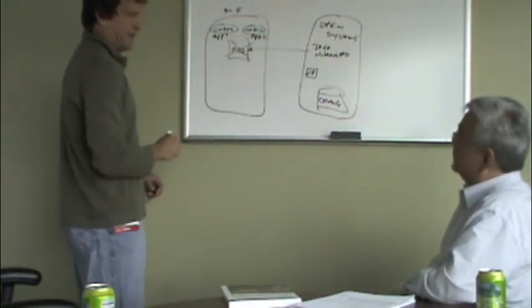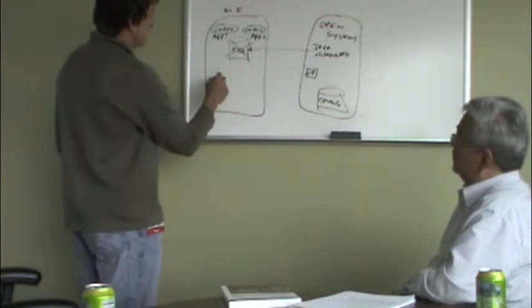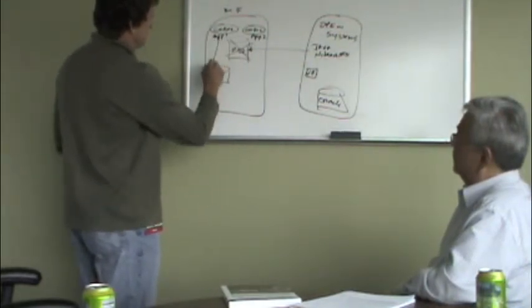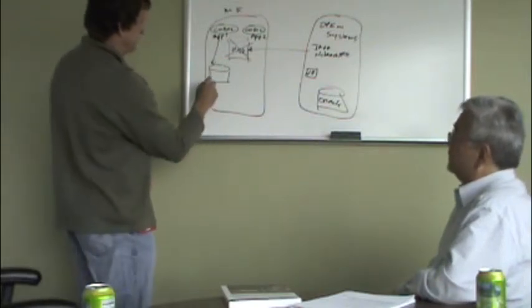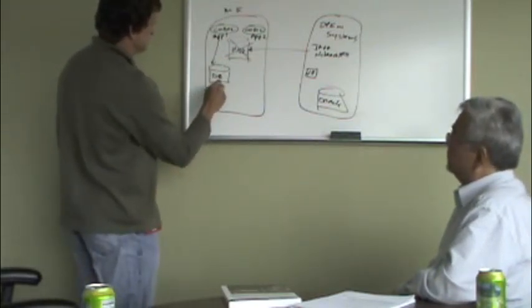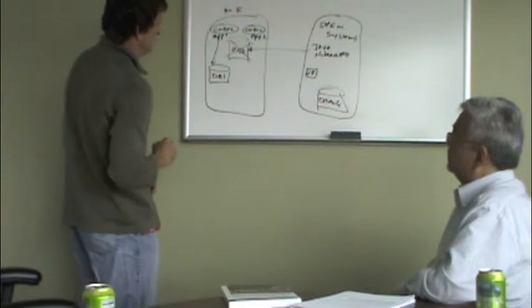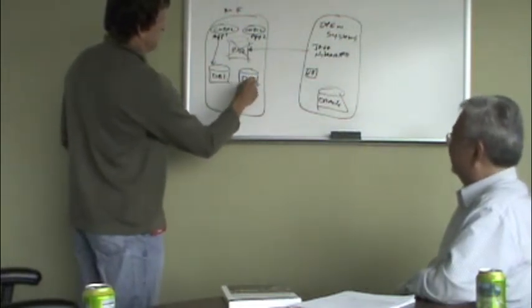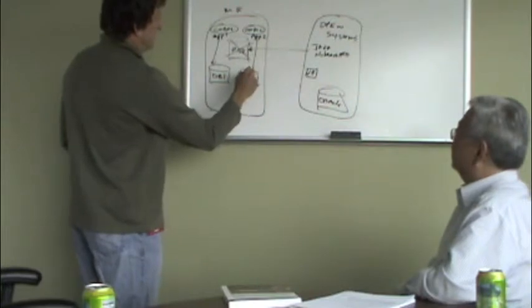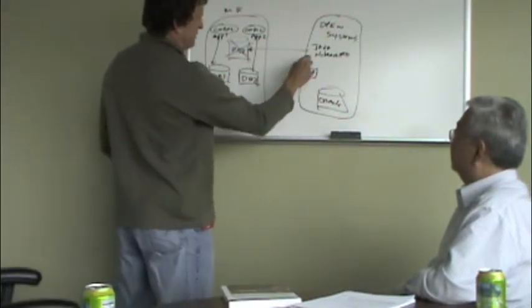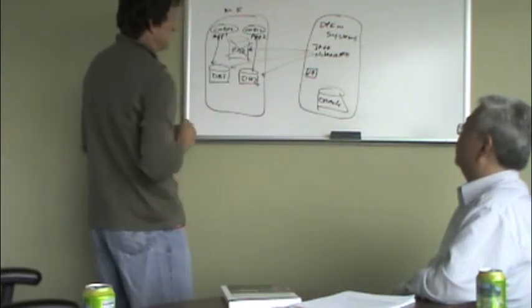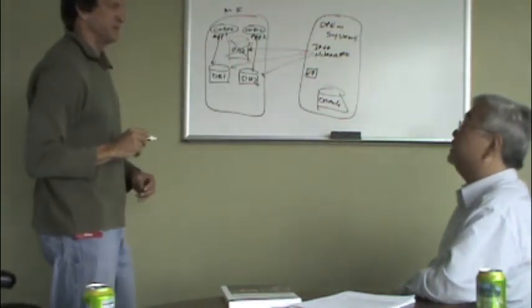So these two COBOL apps write data over to another database. So we call this database 1, database 2. This app still needs to get information from it.